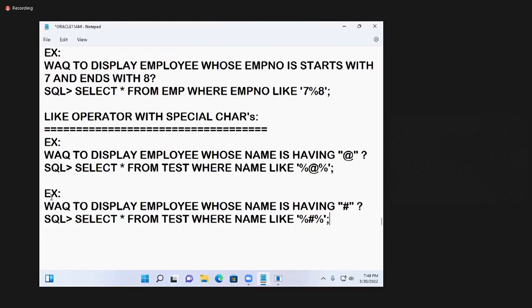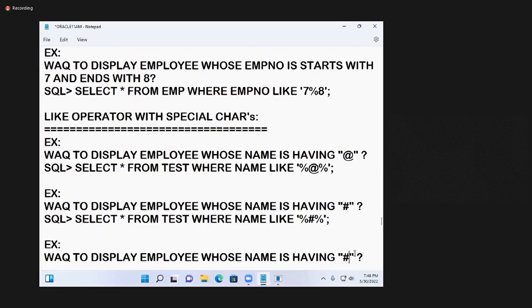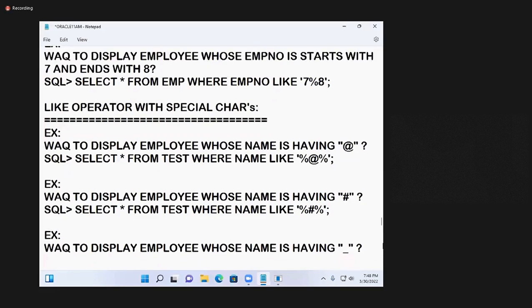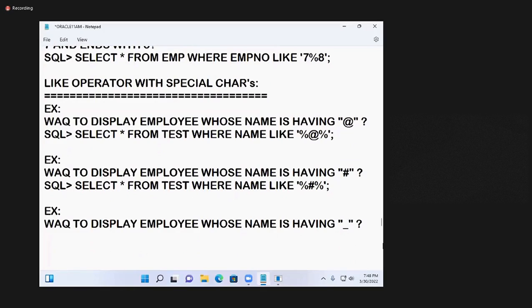Okay, right. Come to the next example, and I hope that you will write this example yourselves. Whose name has an underscore? Can you write it now?